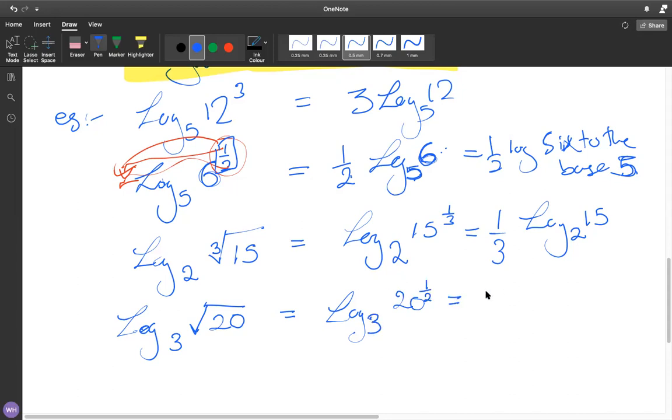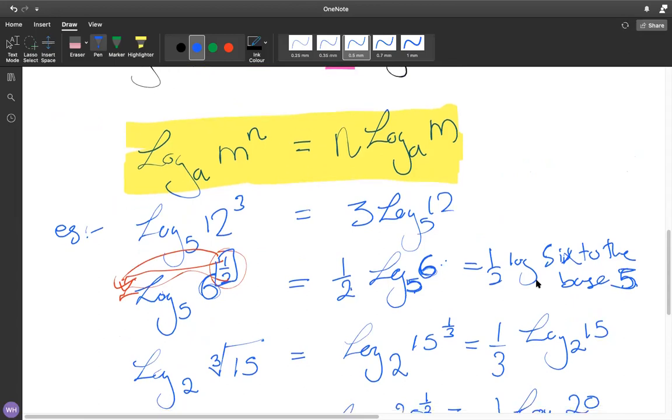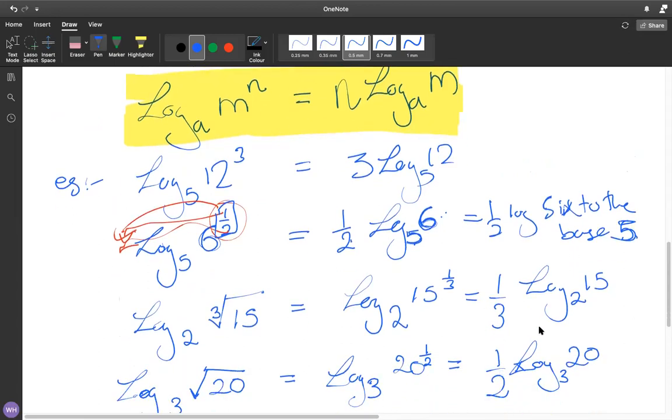Now you have a power over here. Simply take it in front and multiply. You need not write the product. Half log 20 to the base 3 should be the answer. Simplification is a separate thing. I'm just teaching you the law.